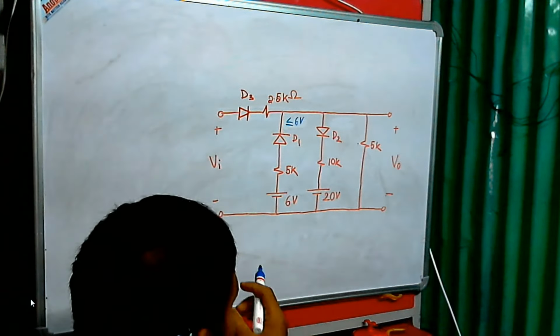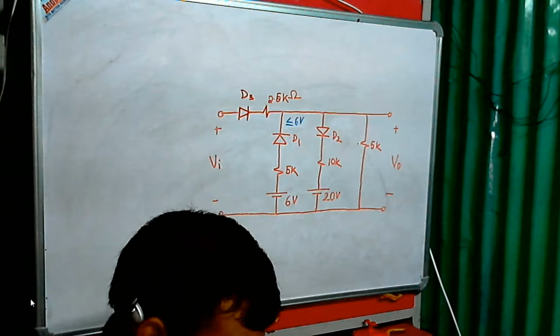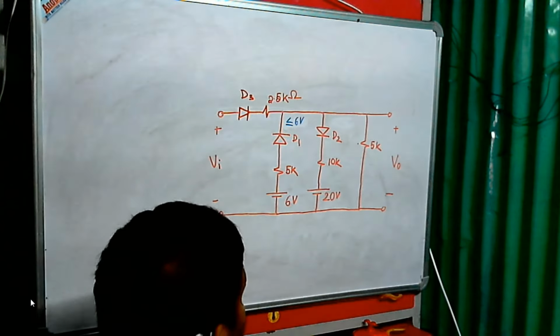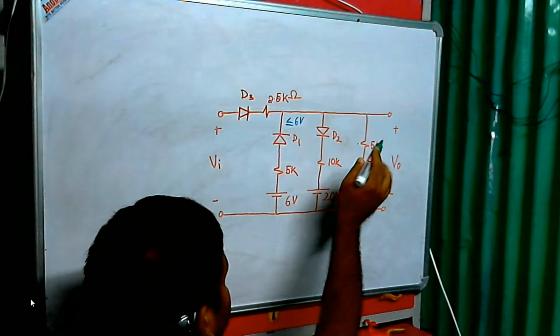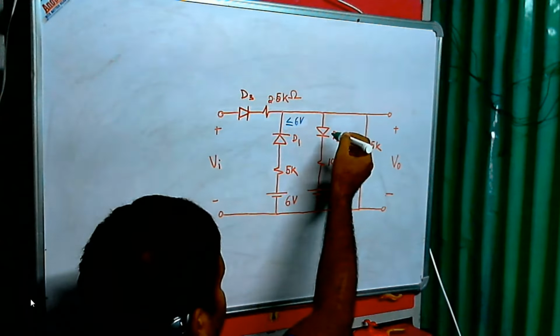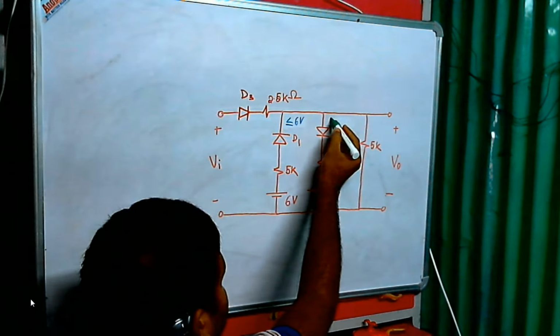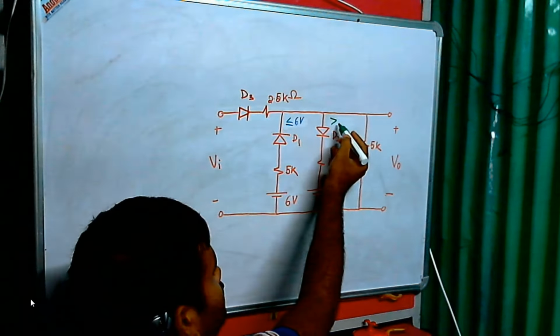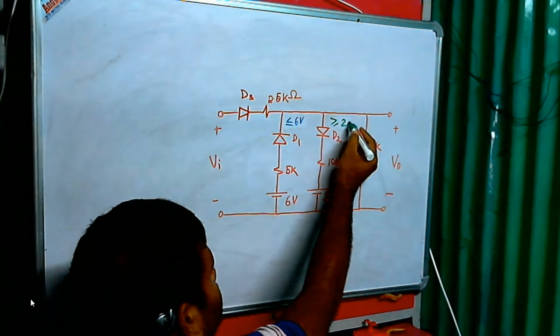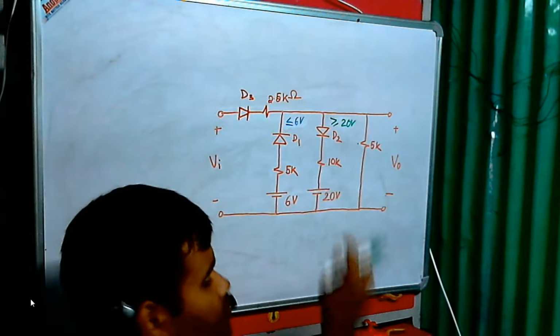Similarly for diode D2, applying the same condition, initially it was off, so diode D2 will be on when the potential over here is greater than or equal to 20 volt. Then only diode D2 will be on.